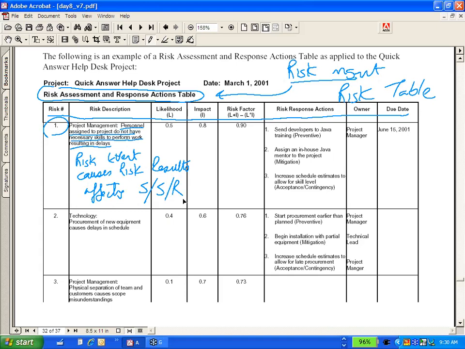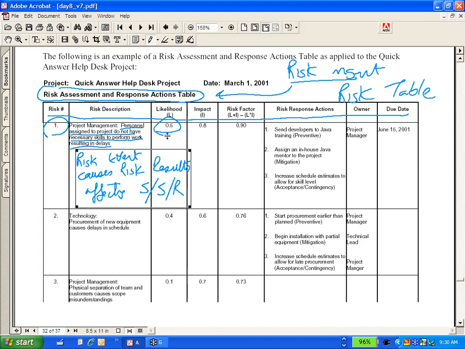It could affect schedule and or resources. Definitely. So here the risk event is what? Incompetent personnel. That's the risk event. What is the risk result? They do not have the necessary skills to perform work, resulting in delay.